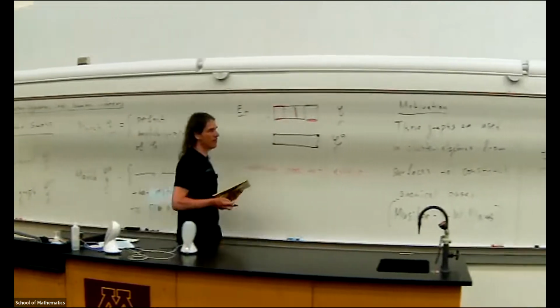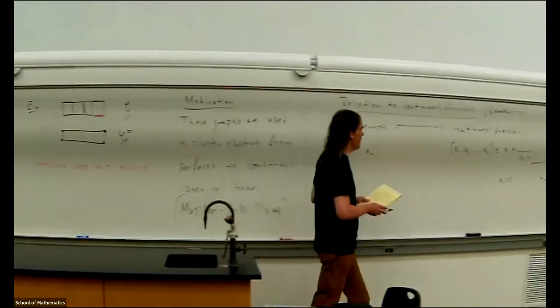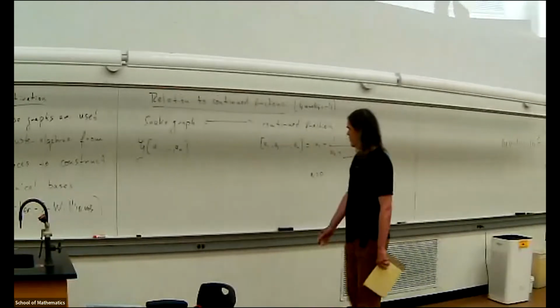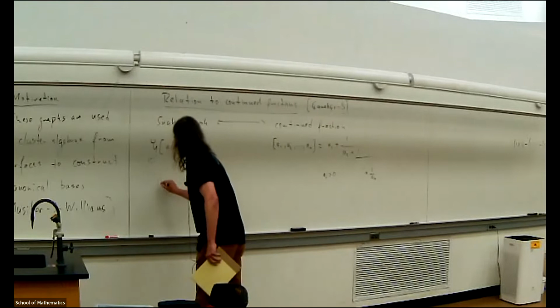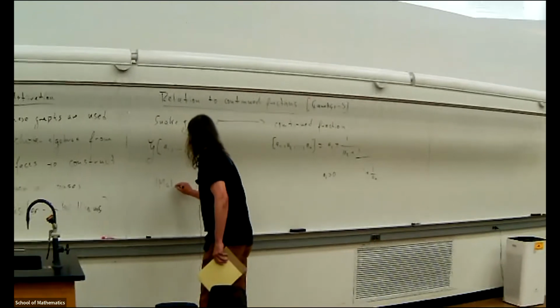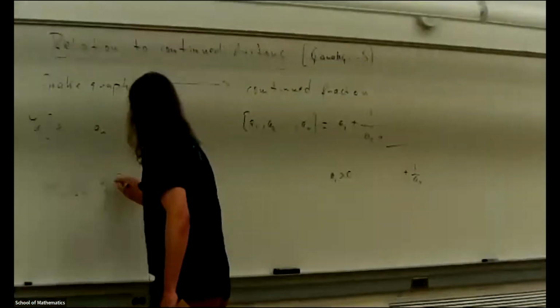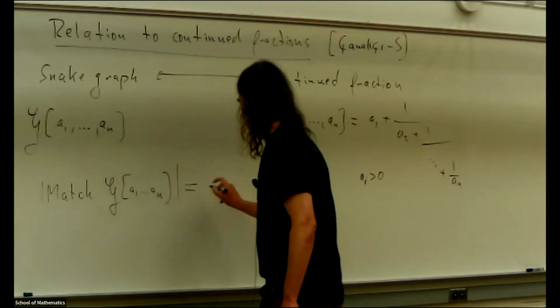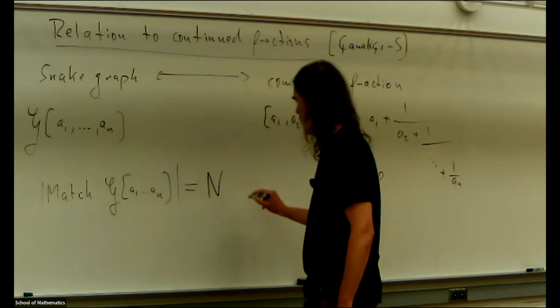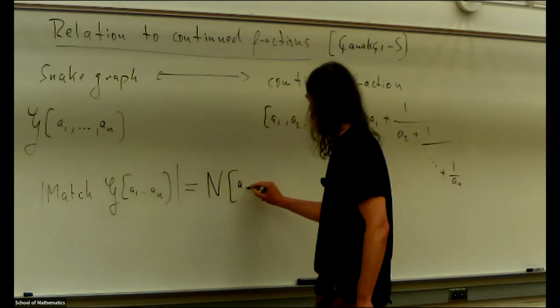Okay, so far I didn't say why this is a relation to number sequences, but the theorem here is that the number of perfect matchings is exactly equal to the numerator, which I just abbreviate by n, of this continued fraction.